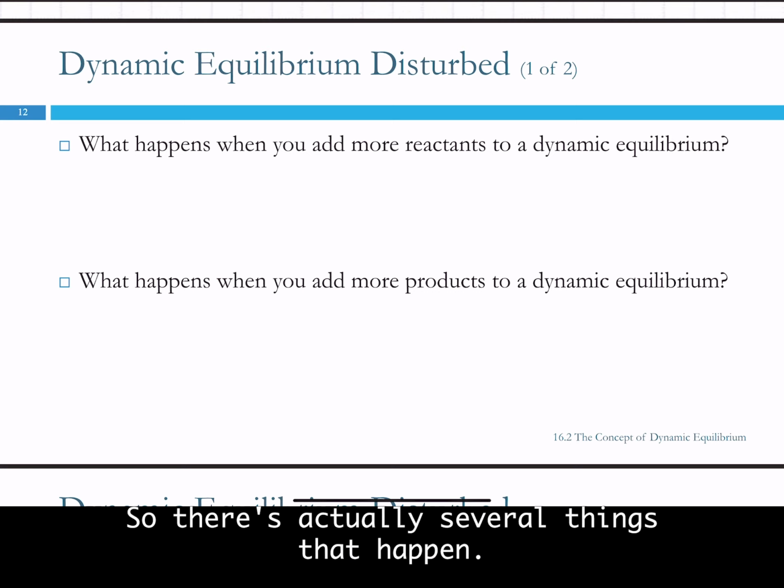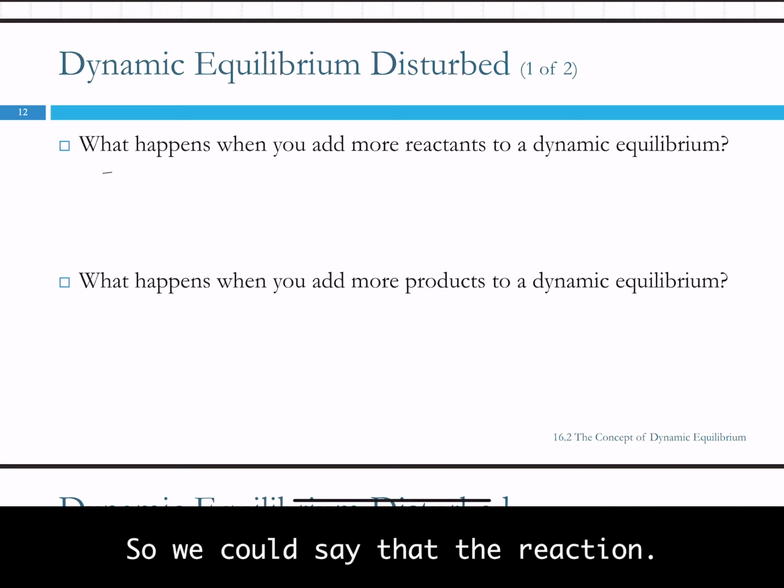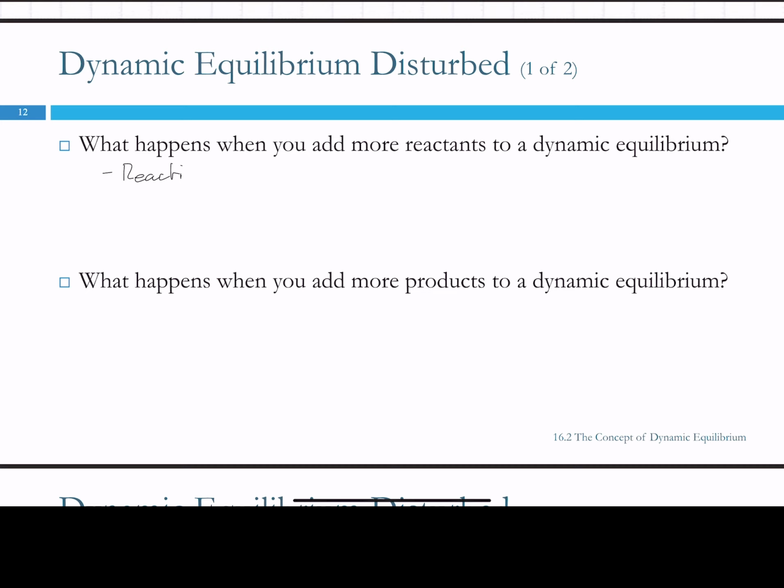So there's actually several things that happen. In terms of Chem 20, maybe Chem 1, Le Chatelier's principle says the reaction shifts toward products.